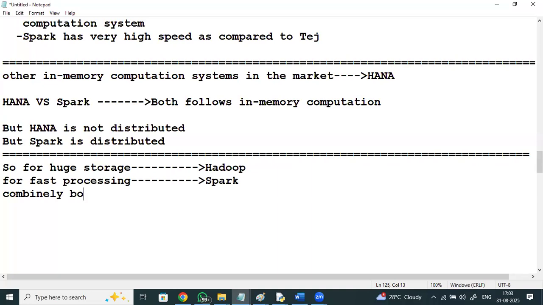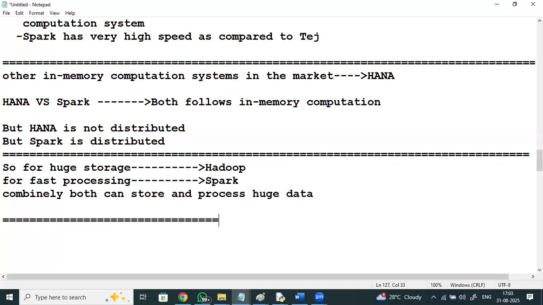Combined, both can store and process huge data.